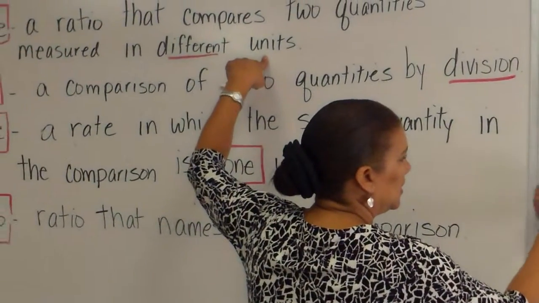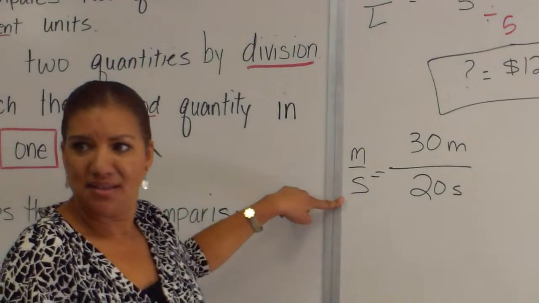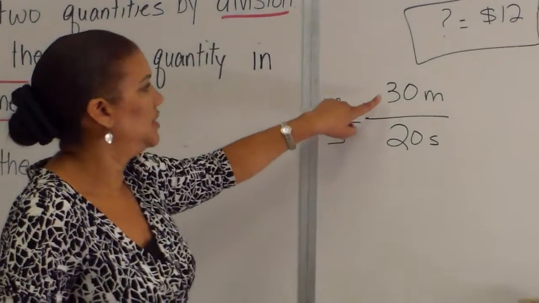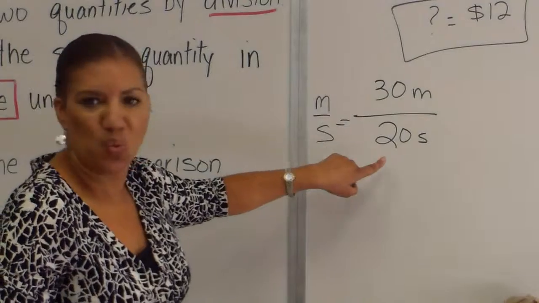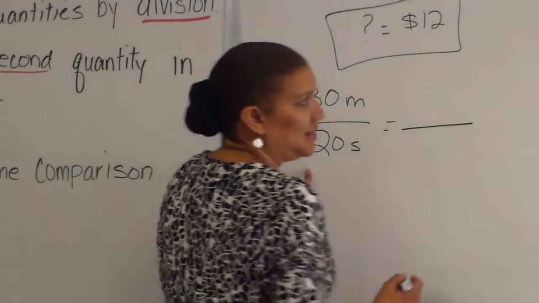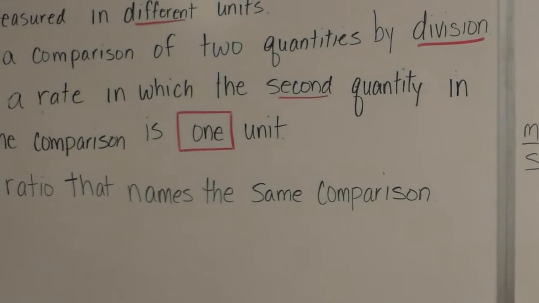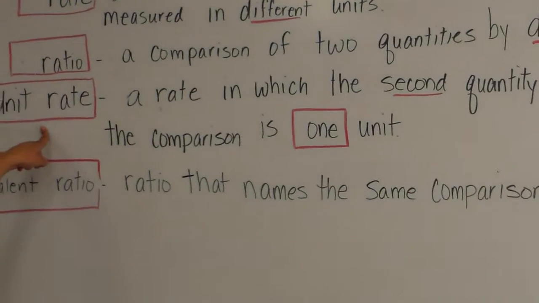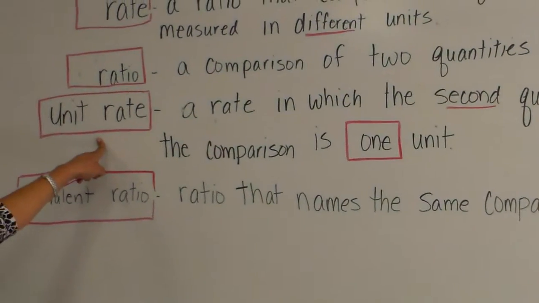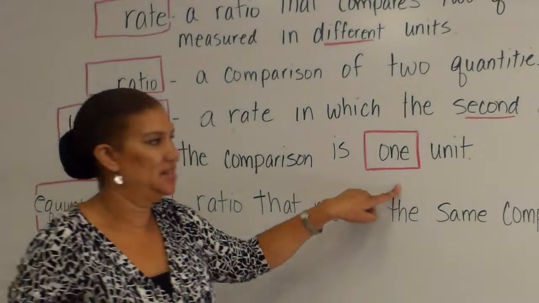Meters, seconds. Meters to seconds. That's my ratio. He walks 30 meters in 20 seconds. How do I calculate the unit rate? Well, I know I have to have the second quantity equal to 1 unit.